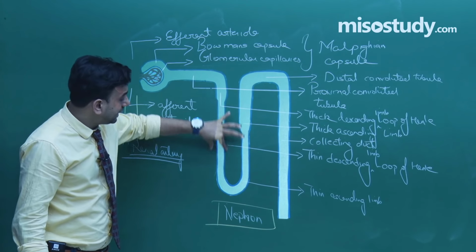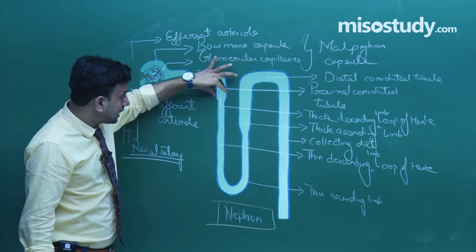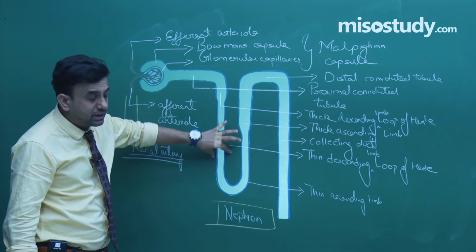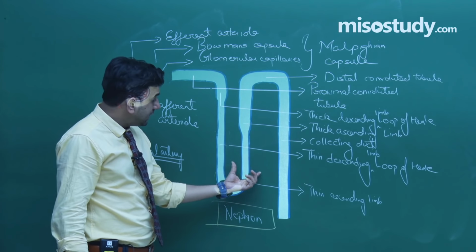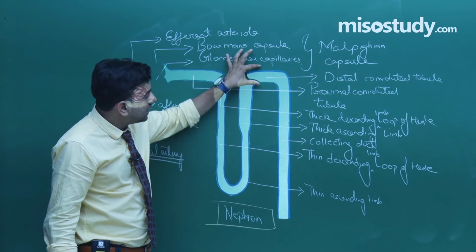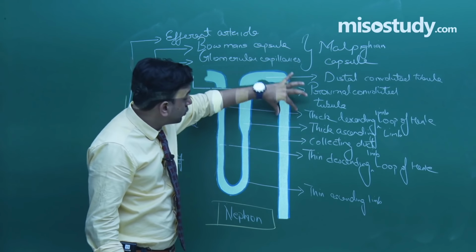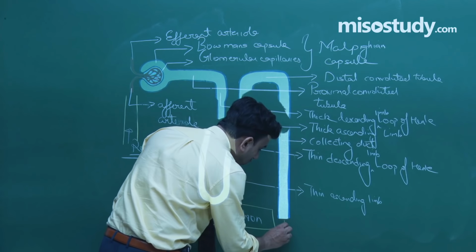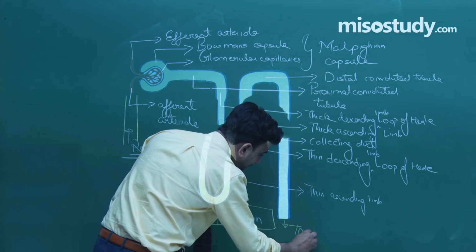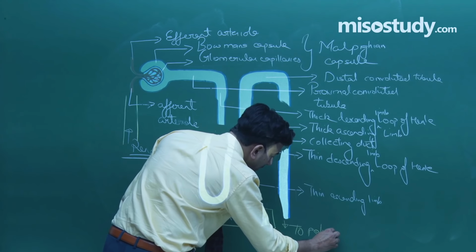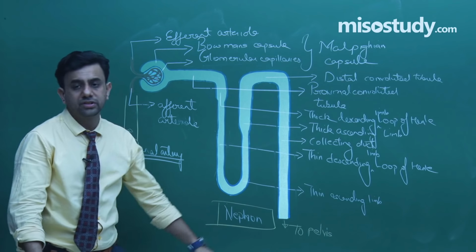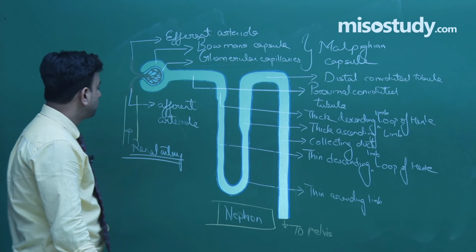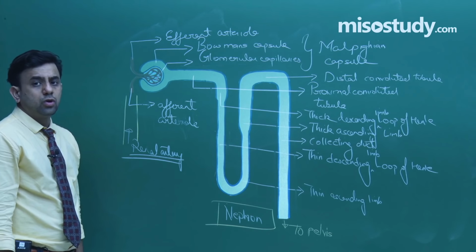This is the descending limb going down, the thick limb and the thin limb of the descending limb, then the thin ascending limb, the thick ascending limb, coming into the distal convoluted tubule, then the collecting duct, and finally this goes to the pelvis of the kidney. This is how the whole thing is.